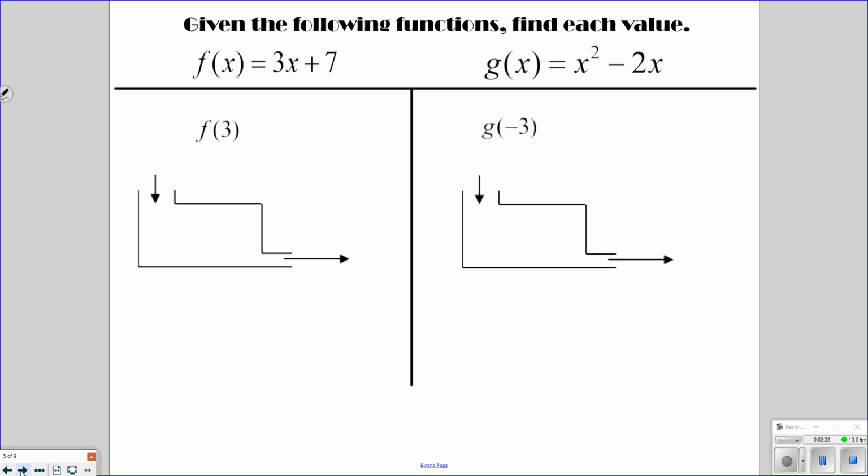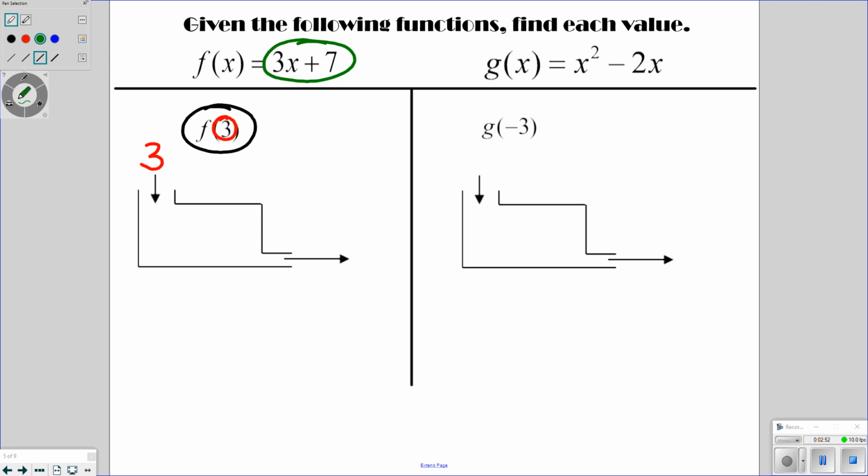So let's go ahead and try a few examples here. So here we want the output of f of 3 if our input is 3. So our input is 3. Our rule for function f of 3 is 3x plus 7.